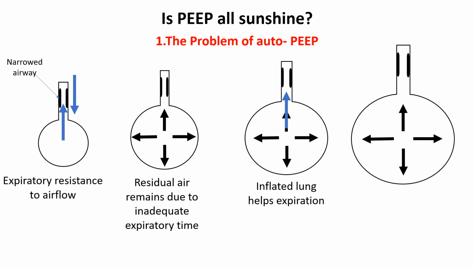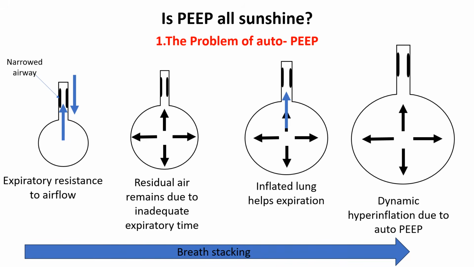This persistent, unintentional positive pressure in the alveoli is called auto-PEEP, and the resulting increase in lung volume is referred to as dynamic hyperinflation. The inability to fully exhale before the next breath is delivered is known as breath stacking, which can worsen hyperinflation, increase work of breathing, and lead to hemodynamic compromise if not carefully managed.